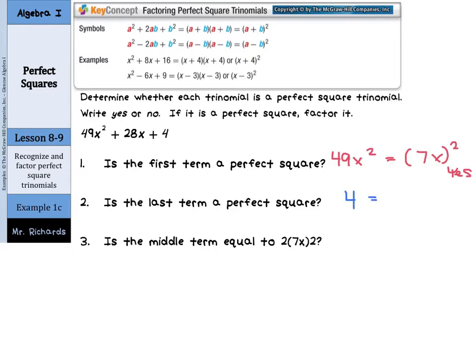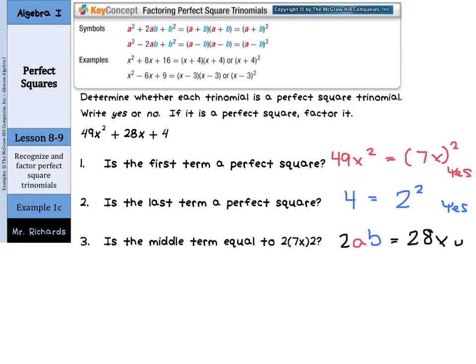Well, the square root of 4 is 2, and we can just write that as 2 squared, so yes, it is. And then we look to see, well, is it equal to 2 times a times b for the middle term? And that, of course, is 2 times 7x times 2, which is simply equal. 2 times 7 is 14, times 2 is 28x.